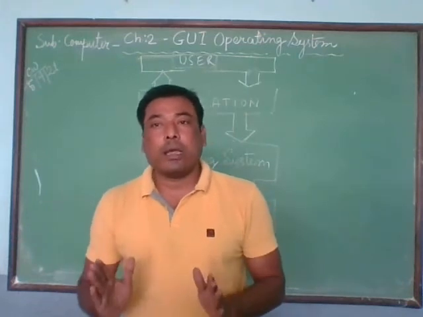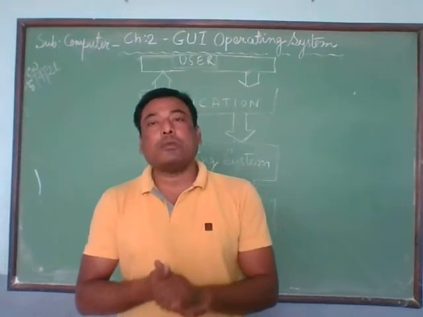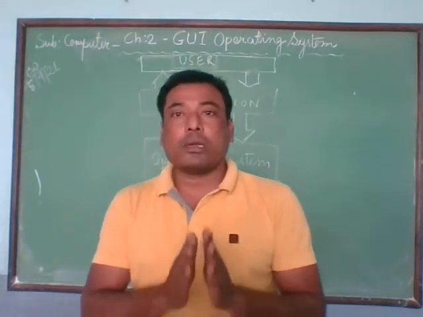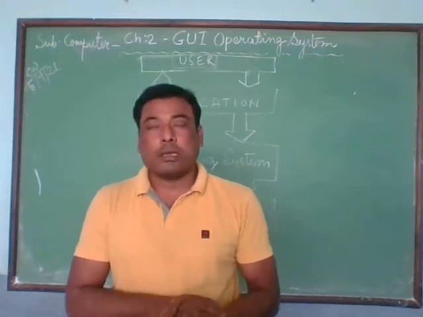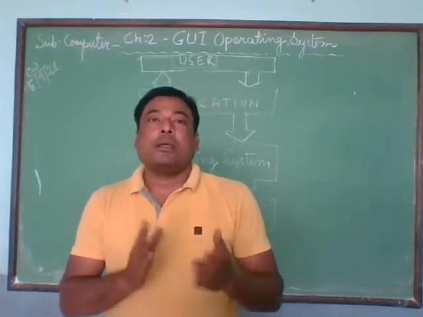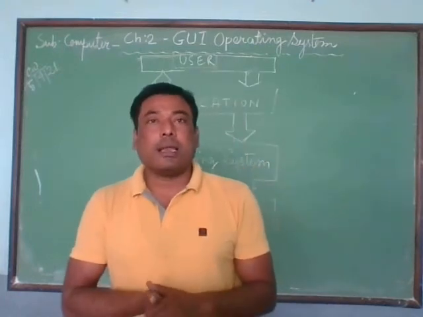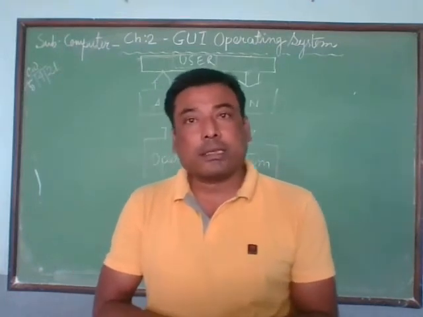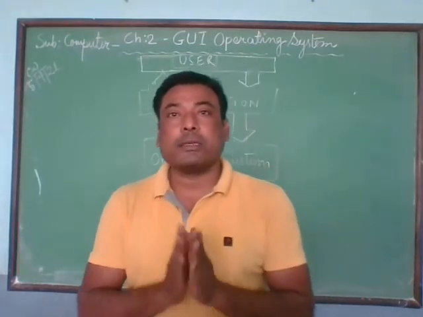The system is one and the users are more than one, so multiple users can work in one system. That is called multi-user. Examples are UNIX and Linux; these are examples of multi-user operating systems.